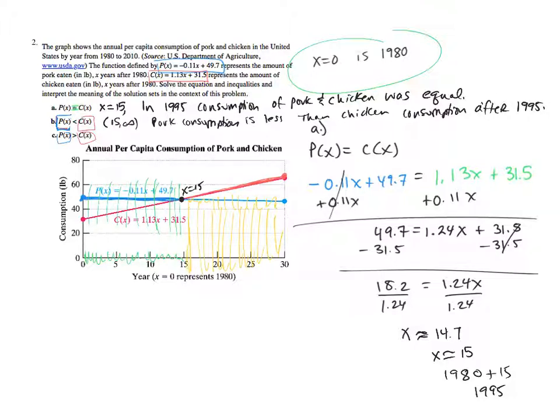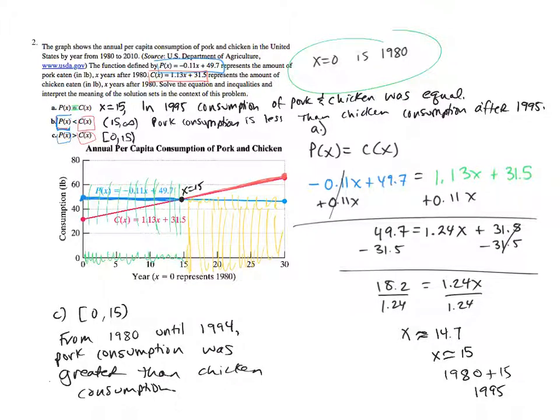So the answer here would be from 0 to 15, but there's no equal here, and so we can't include 15. We need a parenthesis there. So from 1980 to 1995, the pork consumption was greater than the chicken consumption. I'm just saying from 1980 till 1994 because we're not including that x equals 15, which represents 1995.